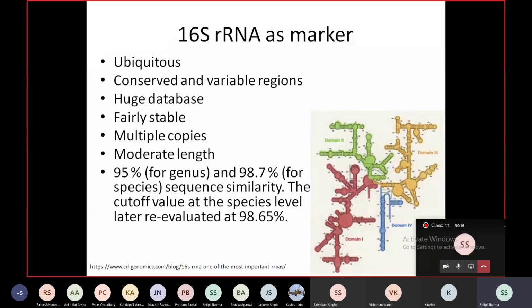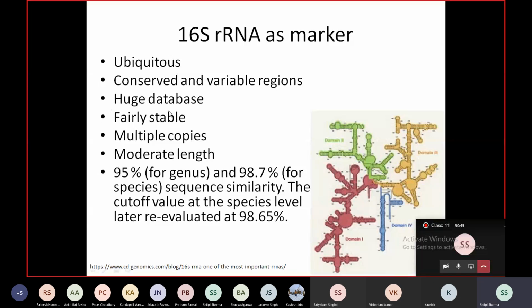So if you know the sequence of this particular variable region, you will be able to assign it to a particular taxa. Let's say Escherichia coli will be different from Bacillus subtilis and so on. Now, because it has been so popularly used, there is a huge database of sequences of 16S rRNA. So when you get a new sequence, you can always hit it to the database and see what is the percent match and assign a particular organism to a taxon.